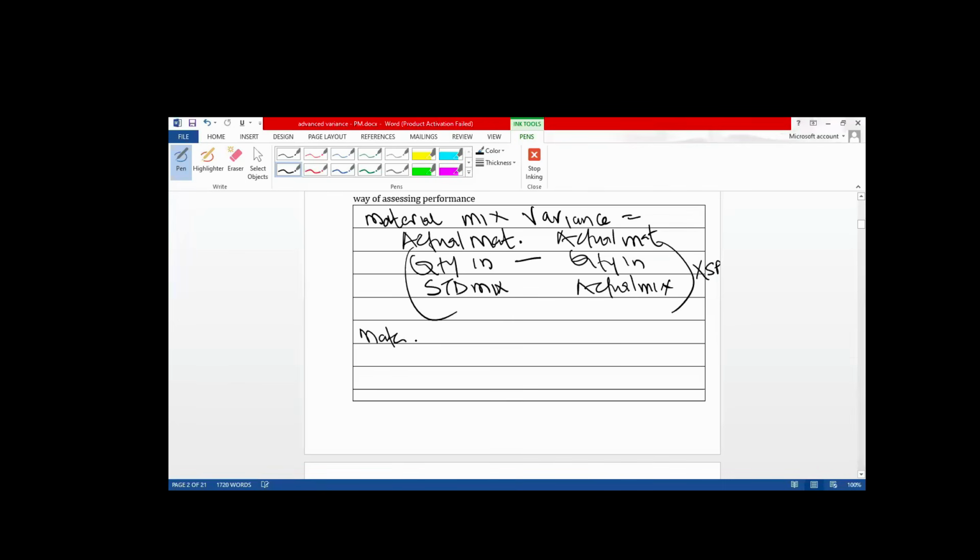Your material yield variance. Material yield variance occurs where actual output is different from expected output as a result of differences in material mix.